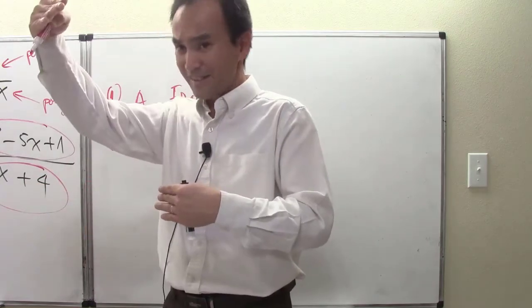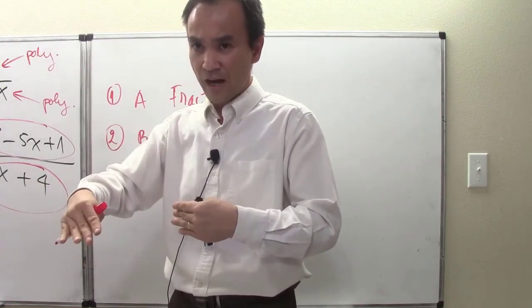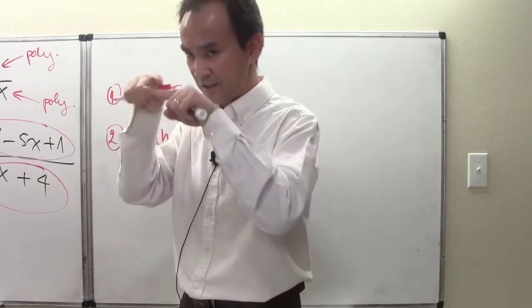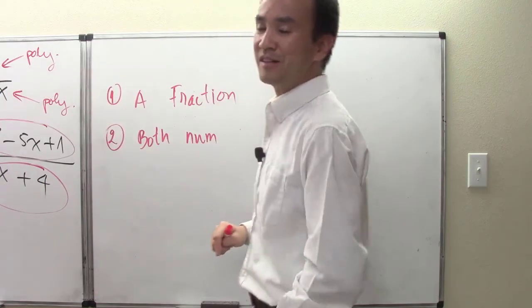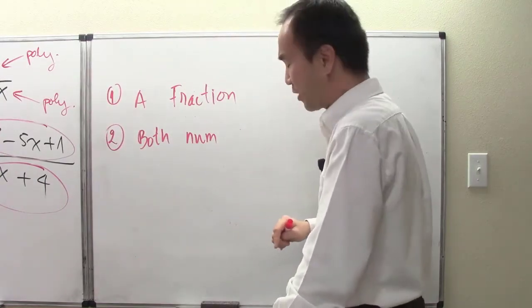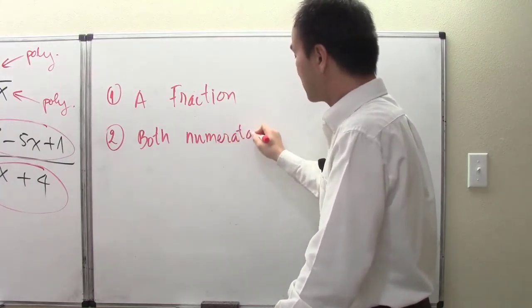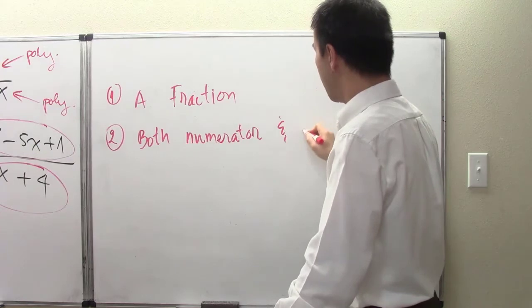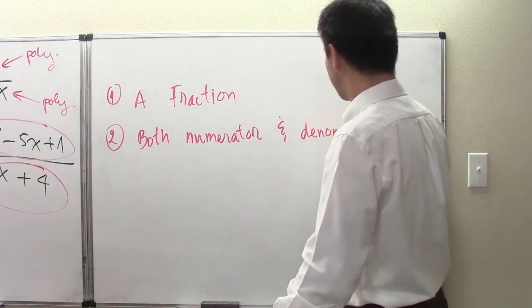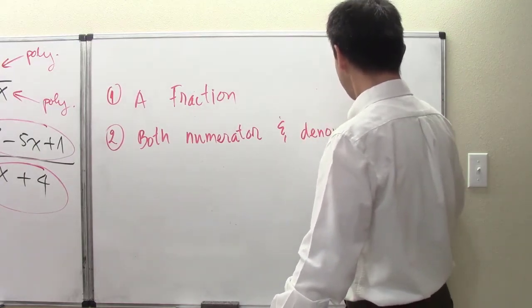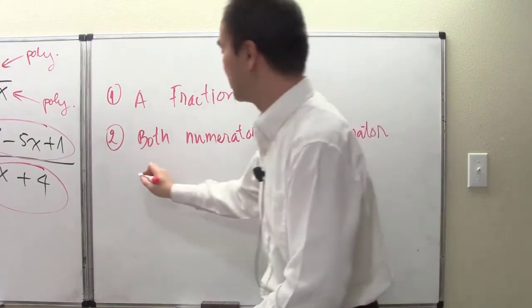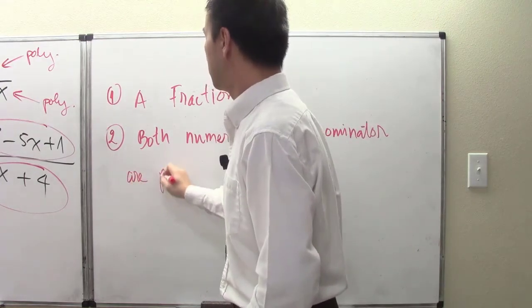The top part is the numerator, the bottom part the denominator, and there's the fraction bar in the middle. Both numerator and denominator are polynomials.